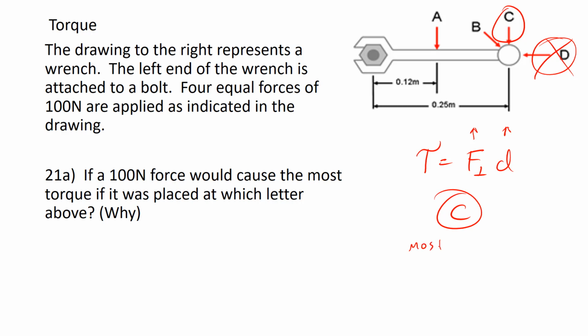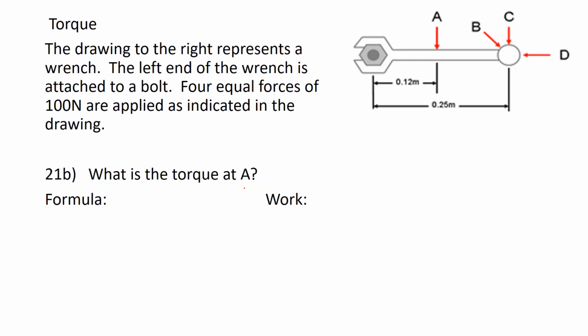A is also perpendicular, and both of those are perpendicular, but C is going to be the greatest distance. And so that's what we're looking for. That's why it's C.